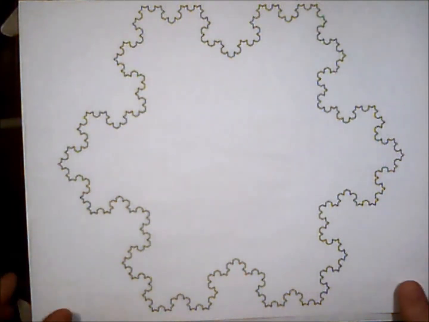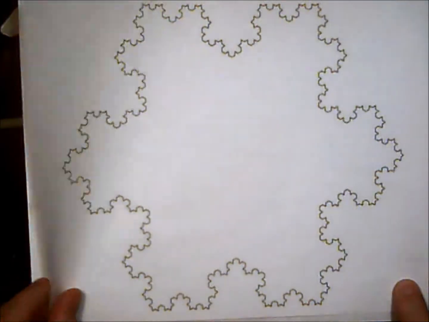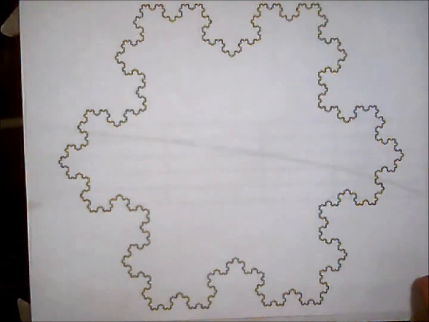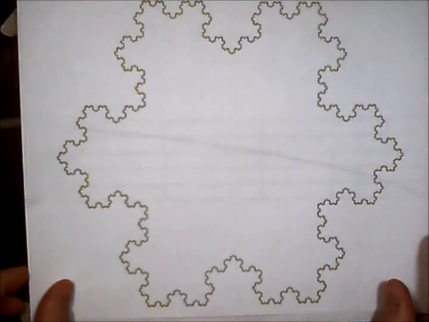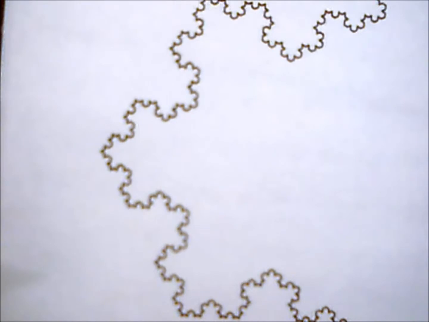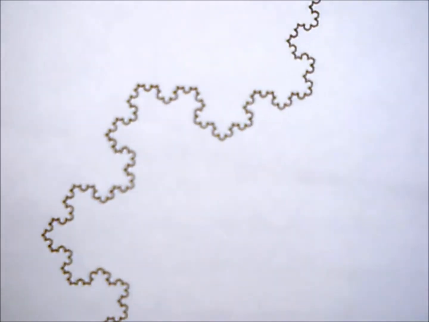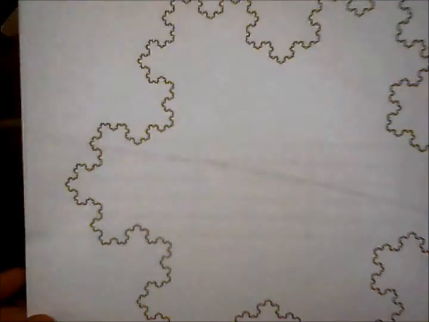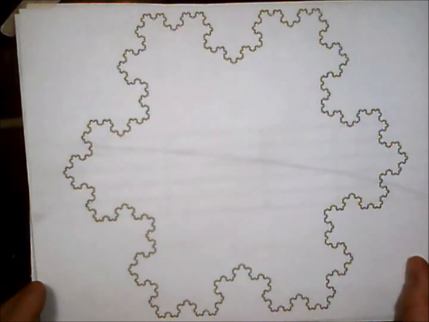And now this perimeter is 75 inches. We can repeat this process again, and I don't dare draw it any smaller than this because I'm not sure you'd be able to see it. This is getting pretty tiny, guys. And now we have a perimeter of 100 inches.